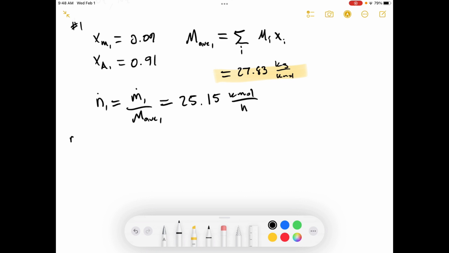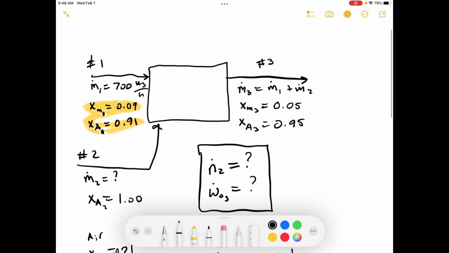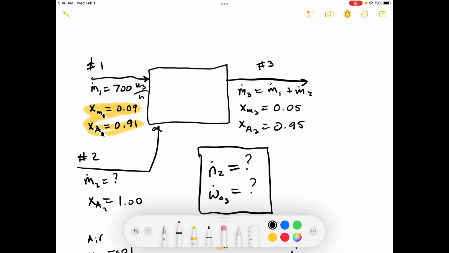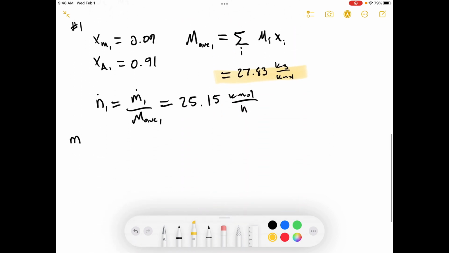So we've got methane. How much methane is going into our mixer unit, our box right here? How much methane is going in to this box, and how much methane is going out? We can do a balance. So methane balance, how much is going in? Well, we have the molar flow rate of stream 1 times the mole fraction of how much methane is going in.